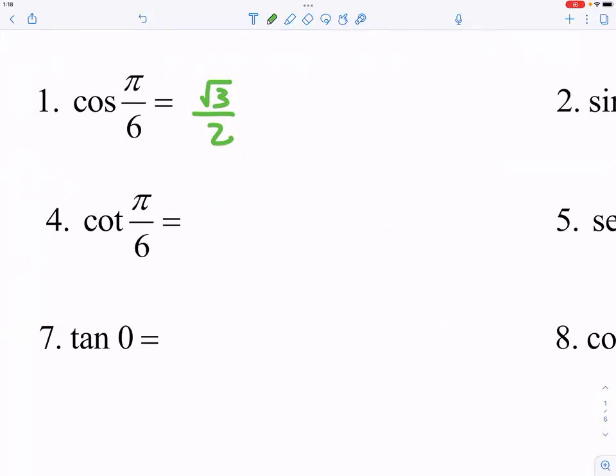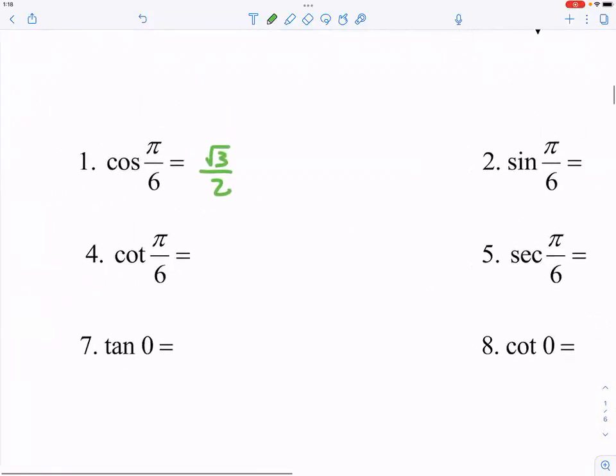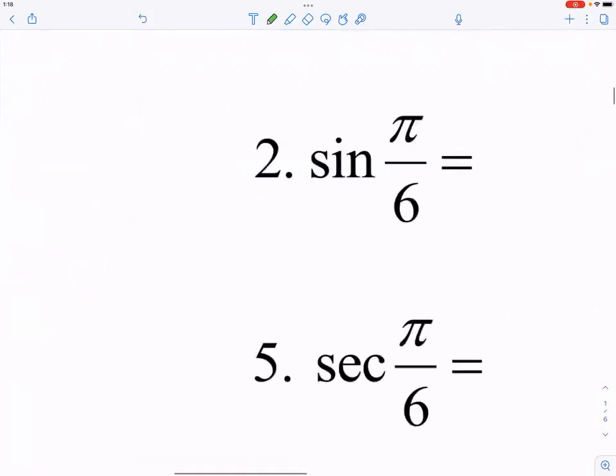So our goal today is to make sure that you are developing your fluency in capturing the values. Okay, is it positive? Is it negative? Is it 1? Is it 0? Is it negative 1? Is it root 3 over 2, root 2 over 2, 1/2? All right, so that's the x value at the angle of pi over 6.